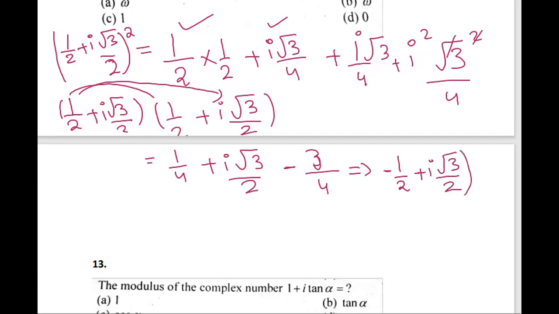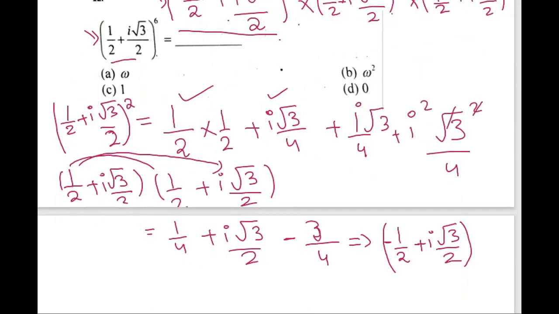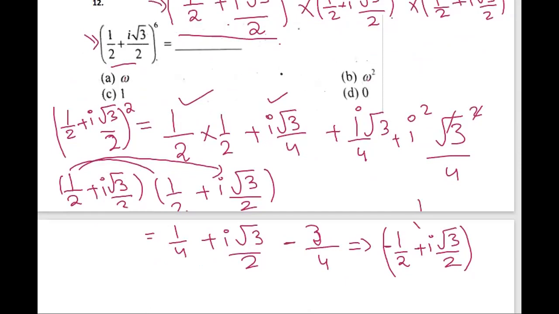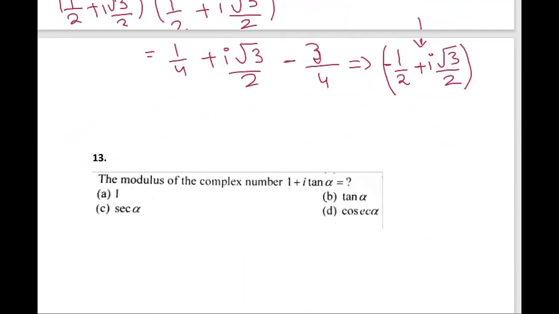Now this is basically one of these factors and I need to multiply it with itself and then the answer with this factor again. Okay. So we will get minus 1 by 2 plus iota under root 3 by 2 into minus 1 by 2 plus iota under root 3 by 2.